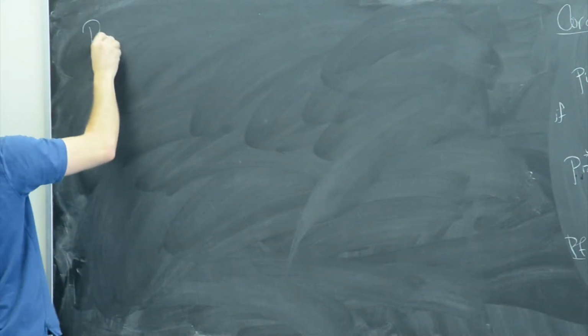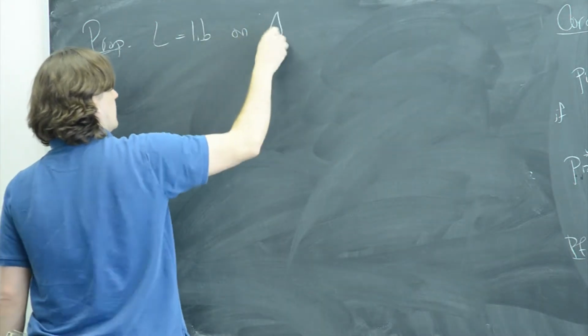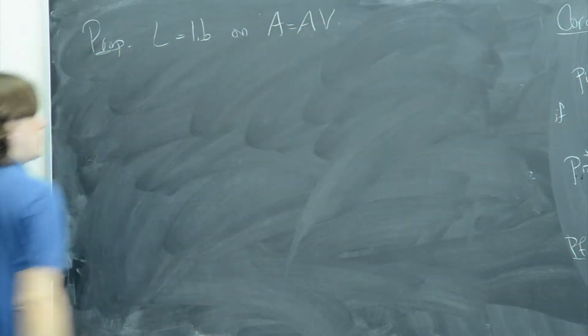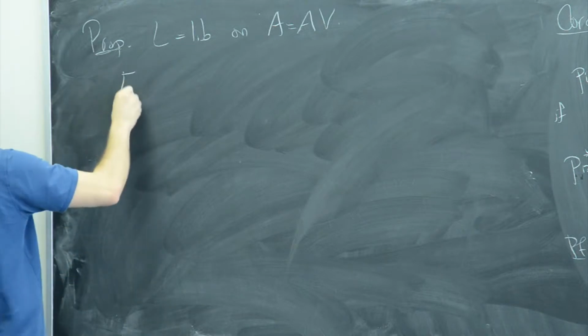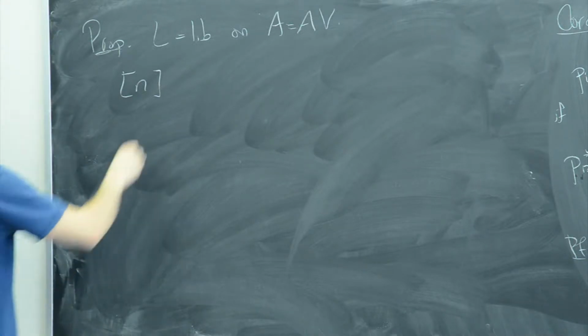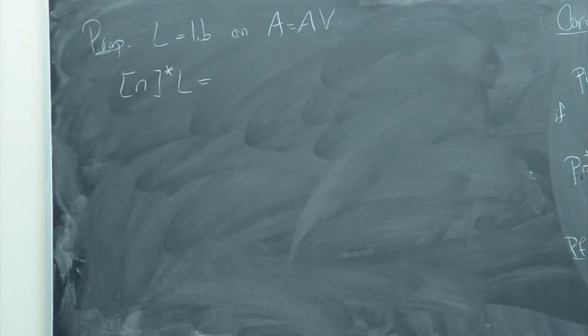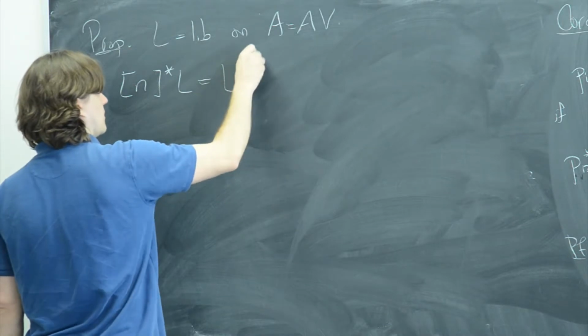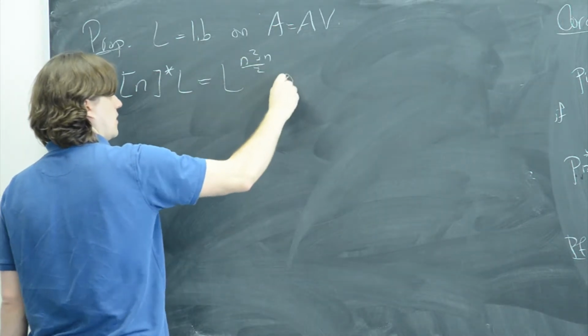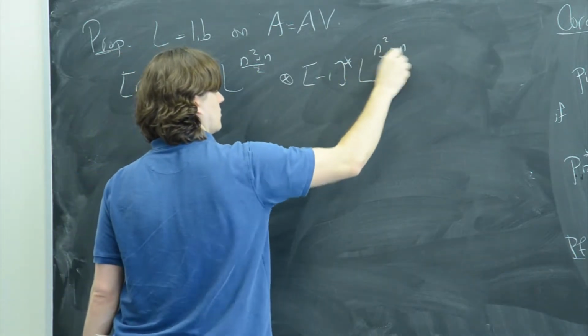Suppose that L is a line bundle on the abelian variety A. Then we have the multiplication by n map, which goes to A. We can pull back the line bundle L by this map, and this corollary allows us to compute what this is. So it's equal to L to the (n squared plus n)/2, tensored with the pullback by minus 1 of L to the (n squared minus n)/2.